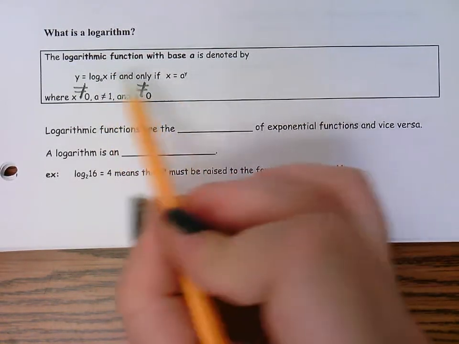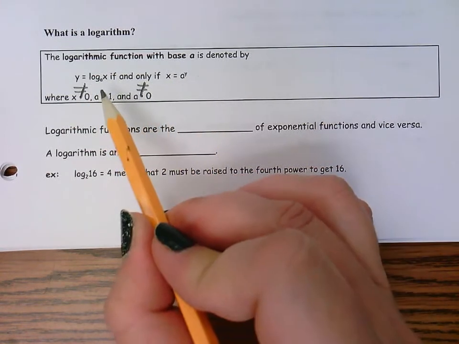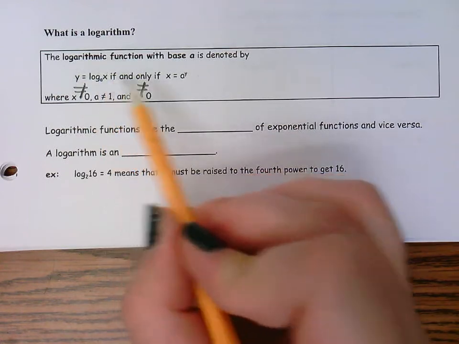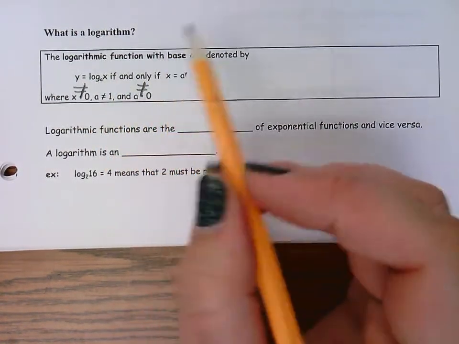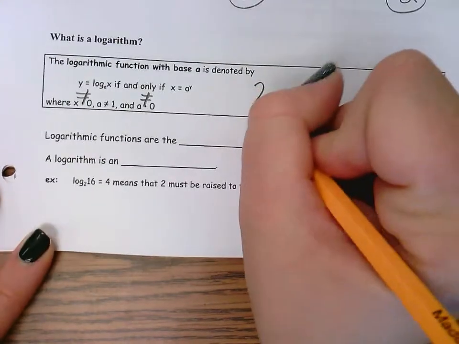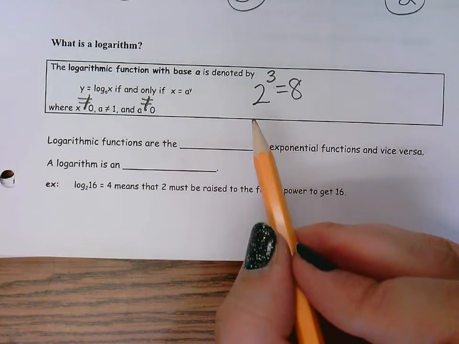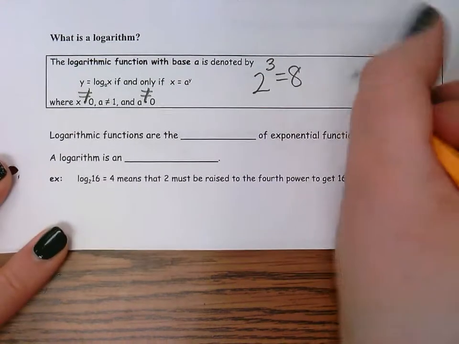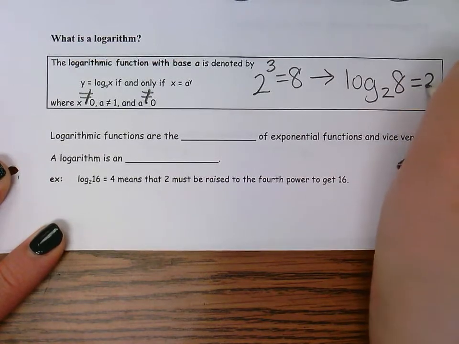So the definition of a log is just defining it using an exponential expression that a to the y power equals x. To me, this is very abstract. And so I like writing like 2 cubed equals 8 because I know what that means as an exponent. I just like rewriting that as log to base 2 of 8 equals 3.